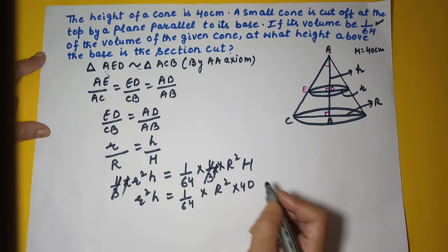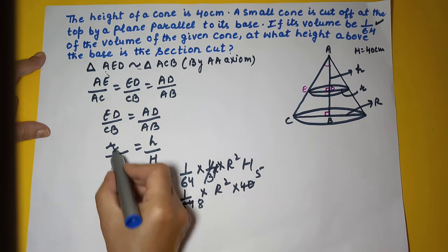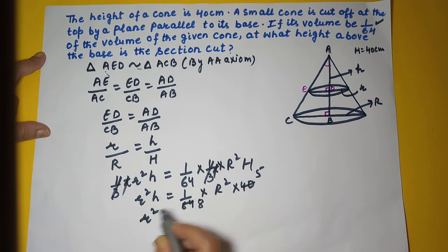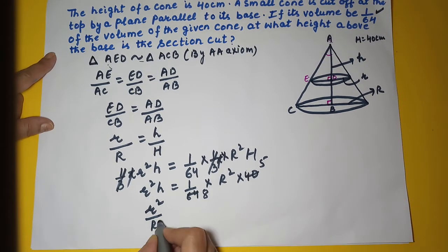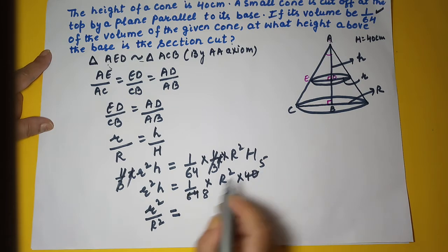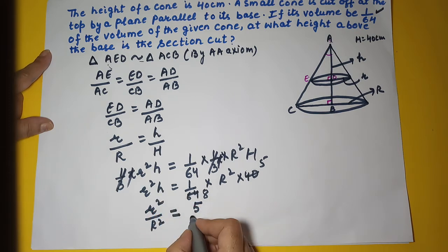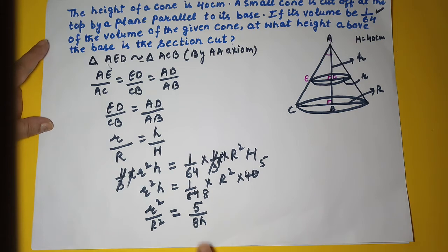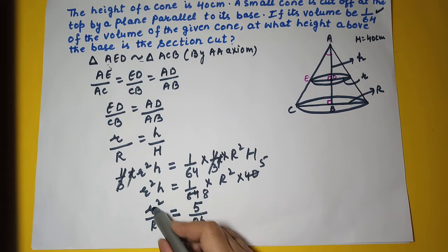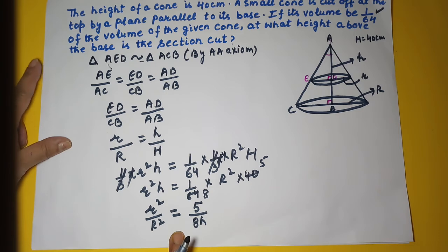So what I can do now is, this will be 8 5s are 40, 8 8s are 64. If I bring this R square down here, what will I get? r square upon capital R square is equal to 5 here, bringing this down, 8h, right? This is the value. If you cross multiply, you're going to get the same thing: 8 r square h equals 5 R square, right?